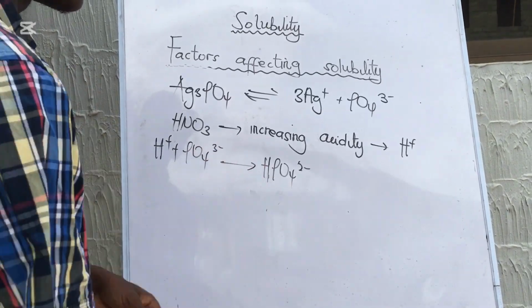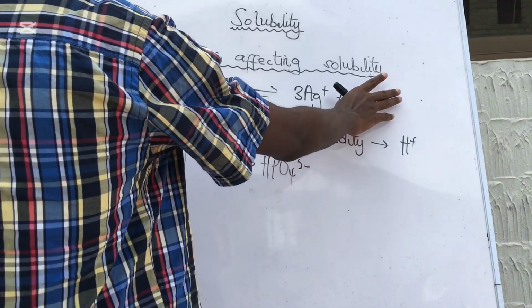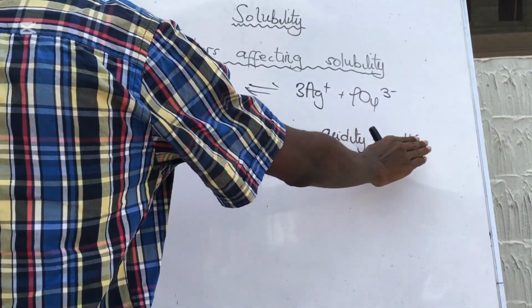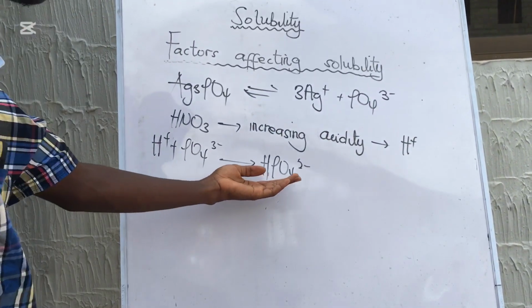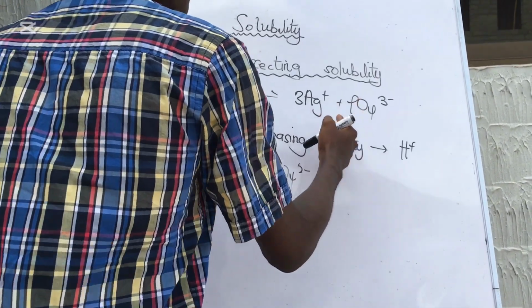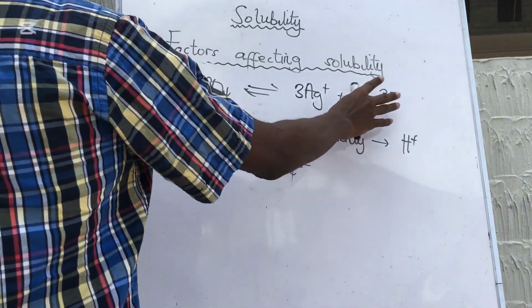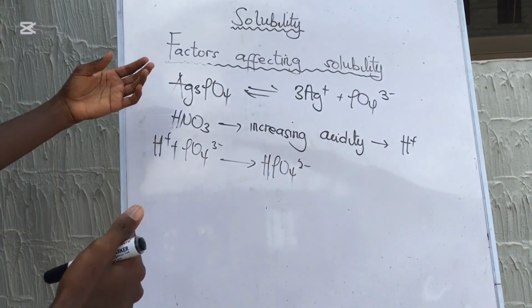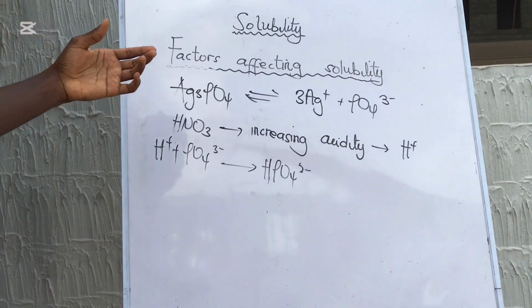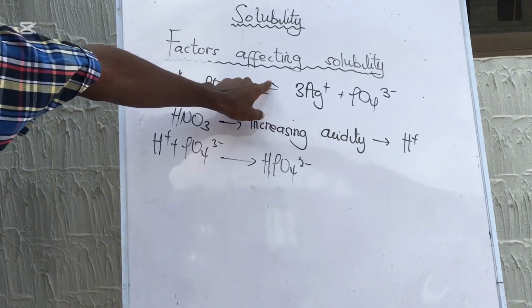If you have something like this, it is not the same thing as this. So if some of this is being converted by the proton to give you HPO4 2 minus, then the concentration of PO4 3 minus will be decreasing, because it is being transformed into another thing. And according to the Le Chatelier principle, if the concentration of this is decreasing, the equilibrium is being disturbed.